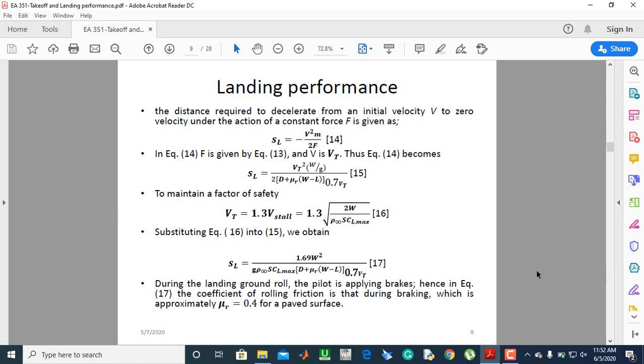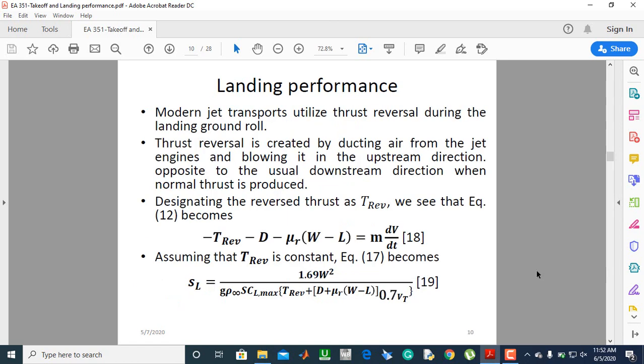And I believe nothing is hard here. Right, now modern aircraft, they use thrust reversal as a means to shorten the runway. Now if this aircraft proud to touch down, the thrust reversing mechanism is deployed, then the previous equation, remember there was zero thrust, but we are applying thrust reversal.